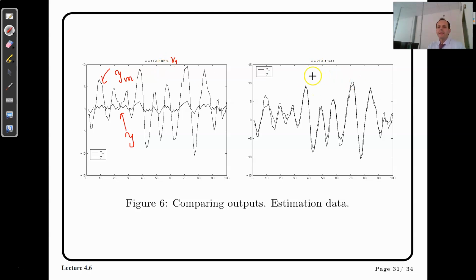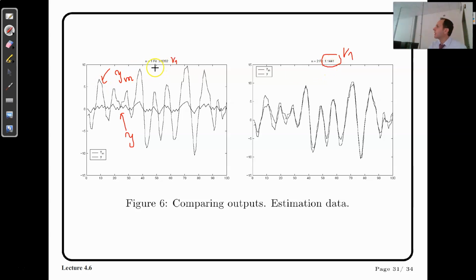3.82, and for a model order 2, you can see here that the predicted or the simulated output is closer to the real one. So from a very simple insight, you can see here that it is following quite accurately the measured output, and you can also see that here the V1 is lower, is 1.14 with respect to 3.8, about half.